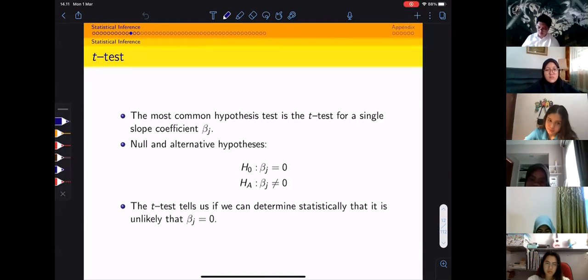In that particular case, the null hypothesis and the alternative hypothesis are the following. The t-test tells us if we can determine statistically that it's unlikely that beta j equals 0. If it is unlikely, then we reject the null hypothesis.